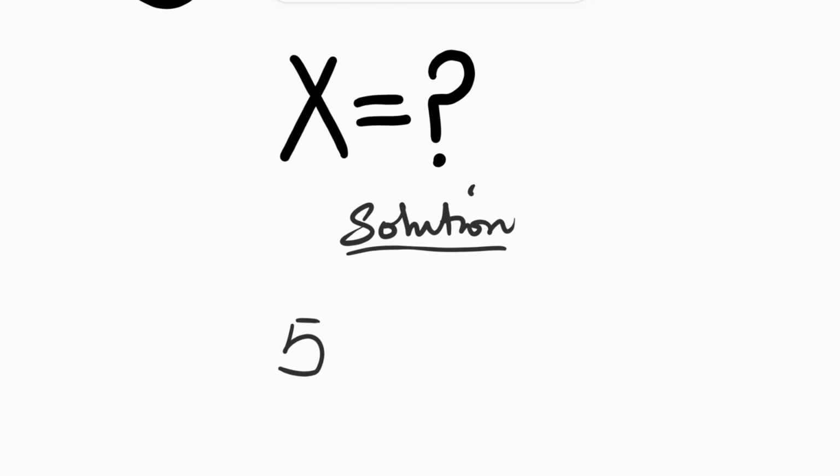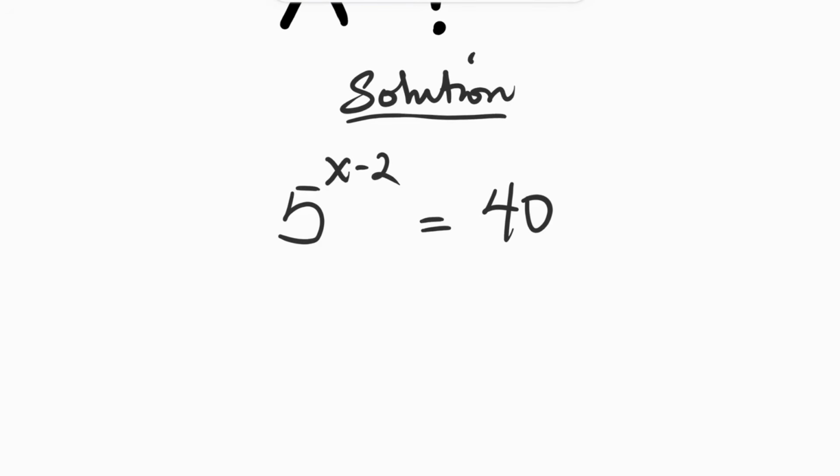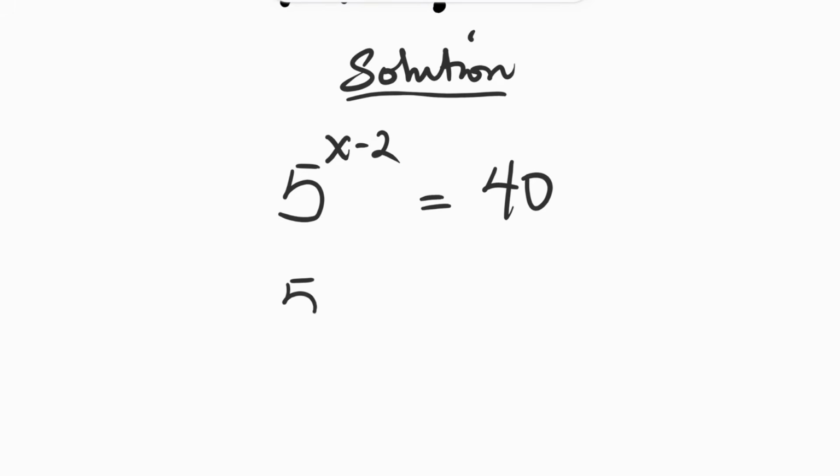So I have 5 raised to the power x minus 2 is equal to 40. We're to find the value of x. So now what we have here is the same as 5 raised to the power x divided by 5 squared equals 40.